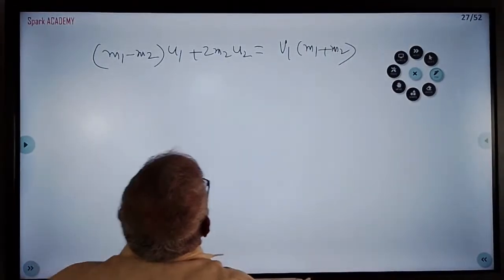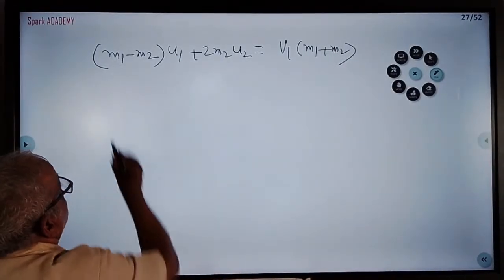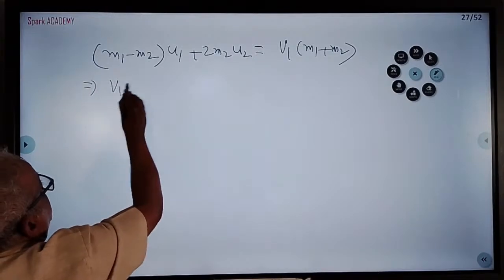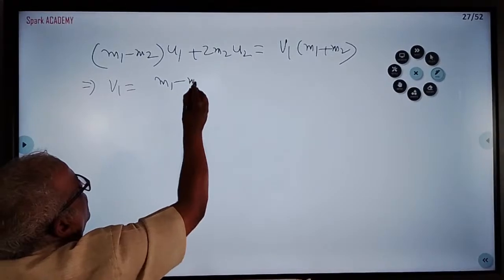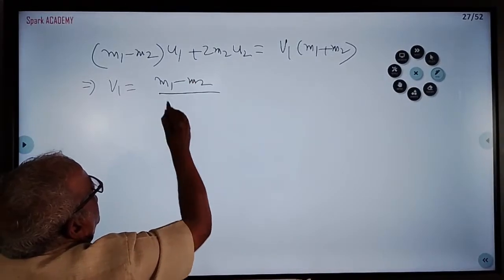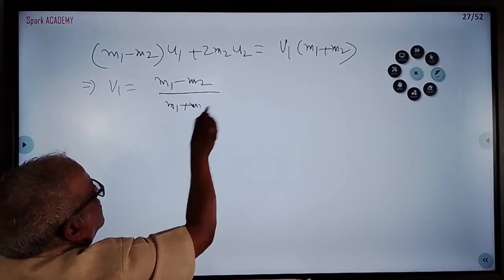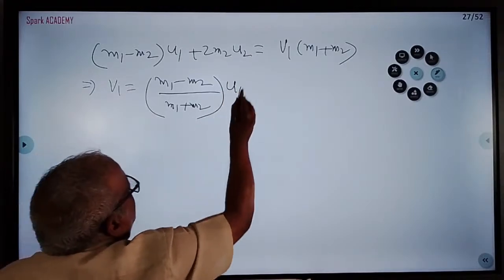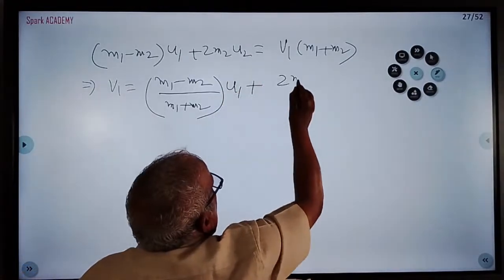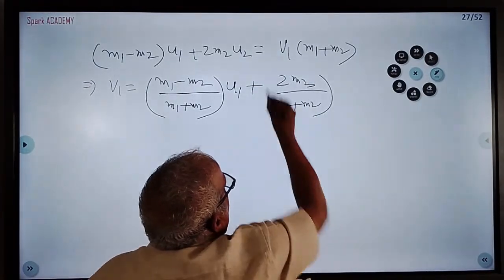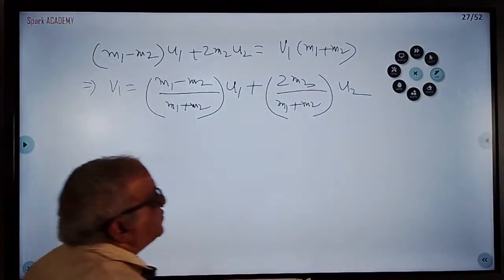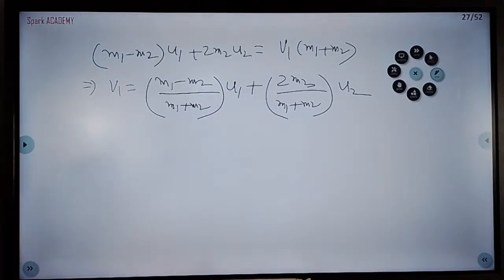If you see the previous step, it implies the final velocity v1 becomes, dividing by m1 plus m2, (m1 minus m2) by (m1 plus m2) into u1 plus 2 m2 by (m1 plus m2) into u2. This is the expression for v1.